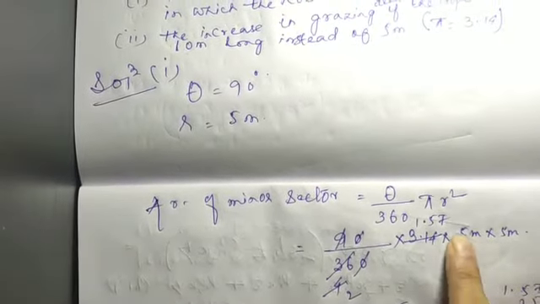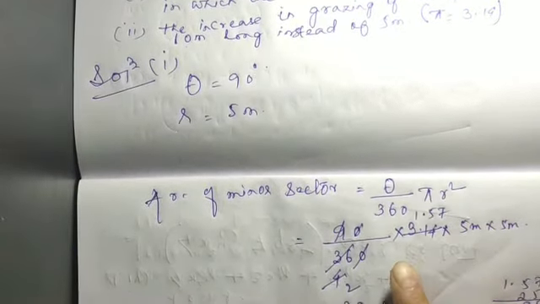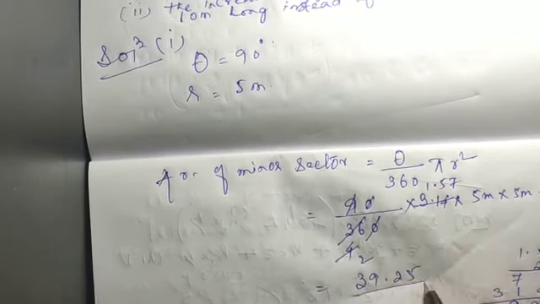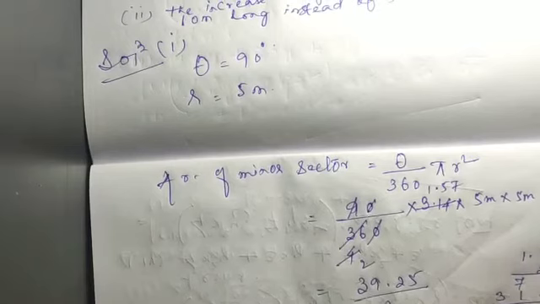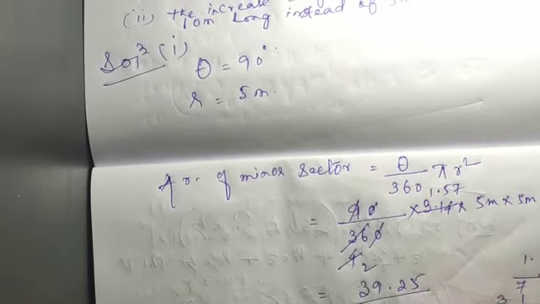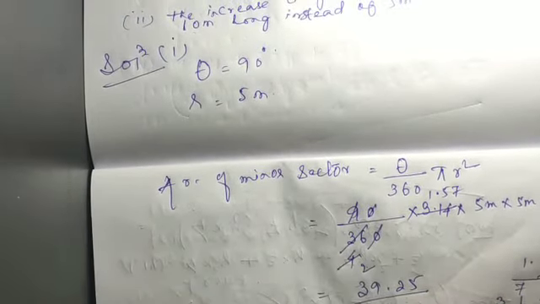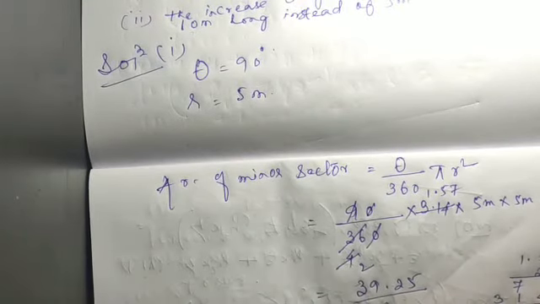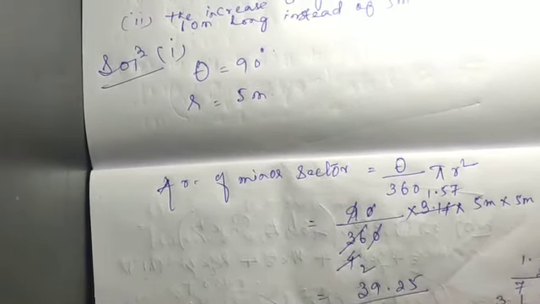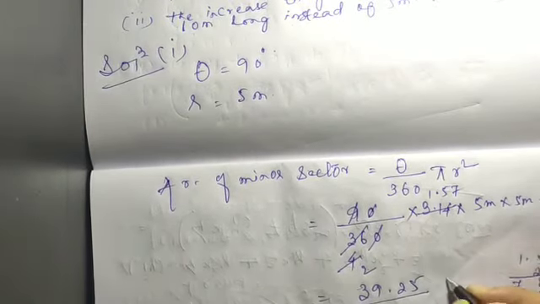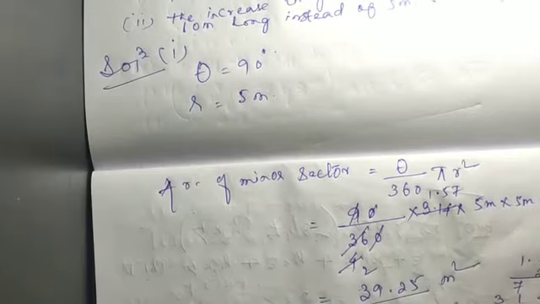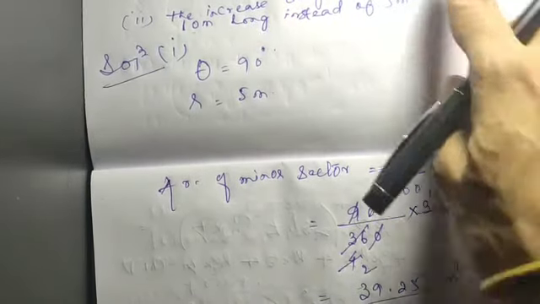Multiplying 25 into 1.57, we got 39.25 divided by 2. If we divide 39.25 by 2, how much will we get? We got 19.625 meter square. This is the minor sector area.